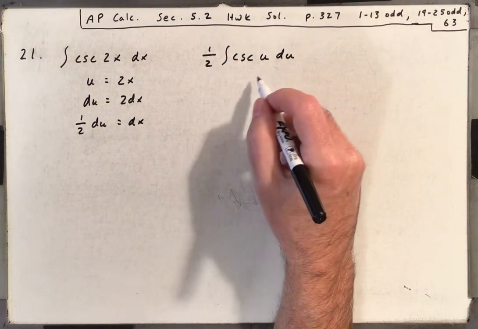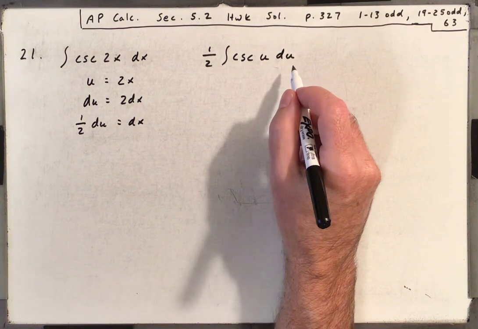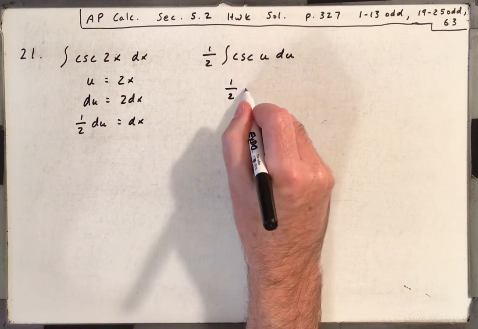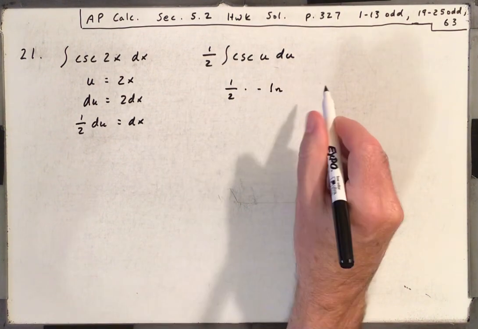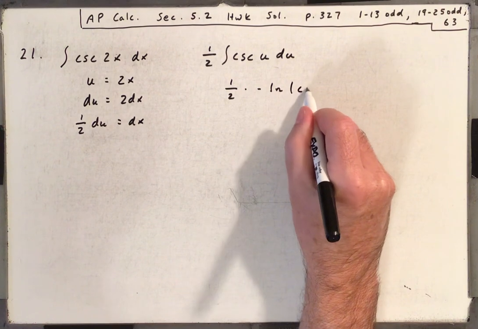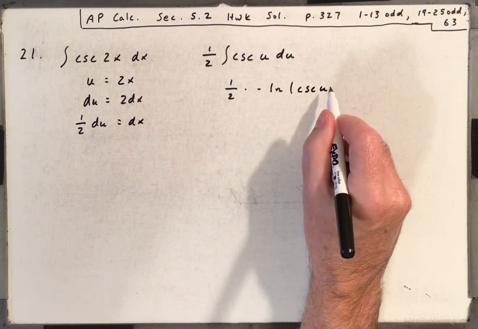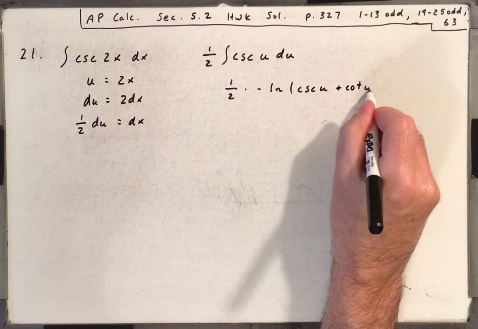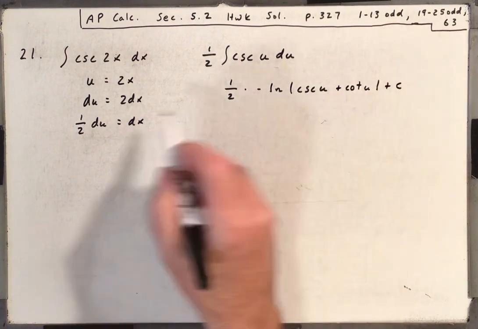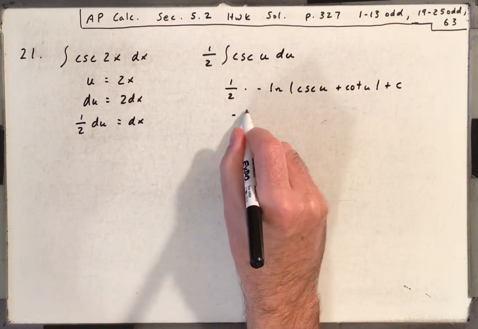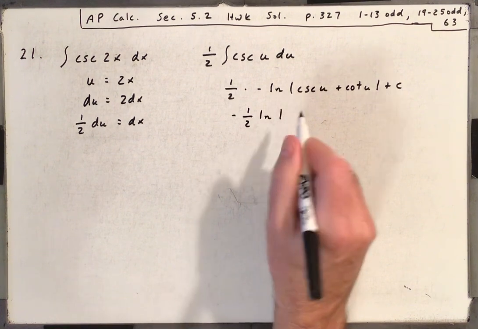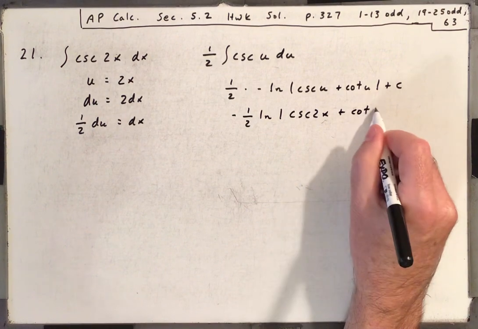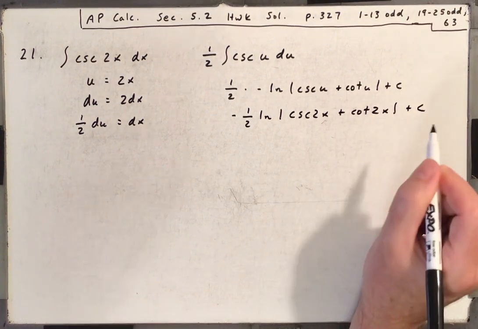All right, so let's look at your formulas. That's 1/2 times minus the natural log of the absolute value of cosecant u plus cotangent u plus c. And then we've got to plug u back in. So that's minus 1/2 natural log of the absolute value of cosecant 2x plus cotangent 2x plus c.